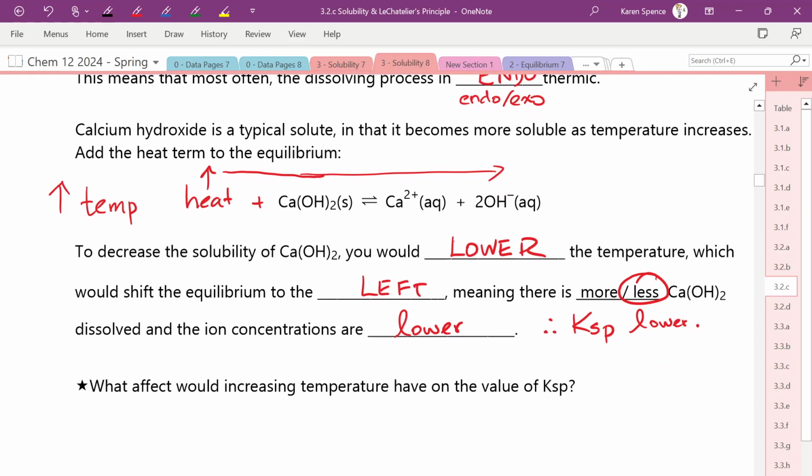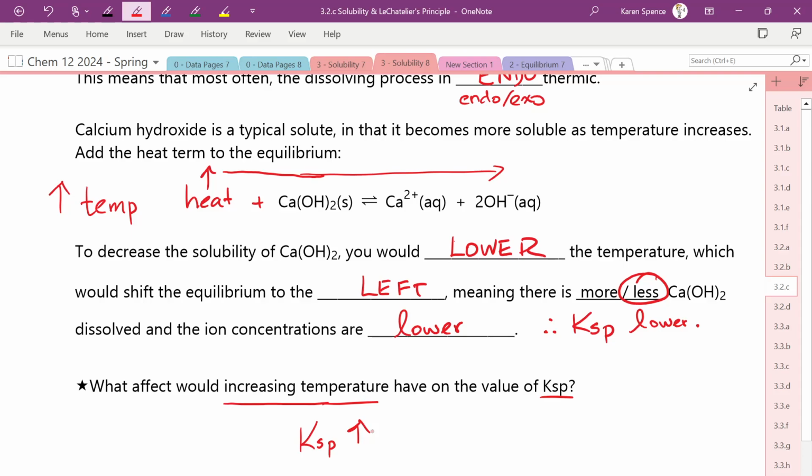What would be the effect of increasing temperature on KSP? The KSP would go higher. KSP increases. Are we good with that? Is that all making logical sense? Good. Now, unless you are told otherwise, you can assume that dissolving is endothermic, okay?